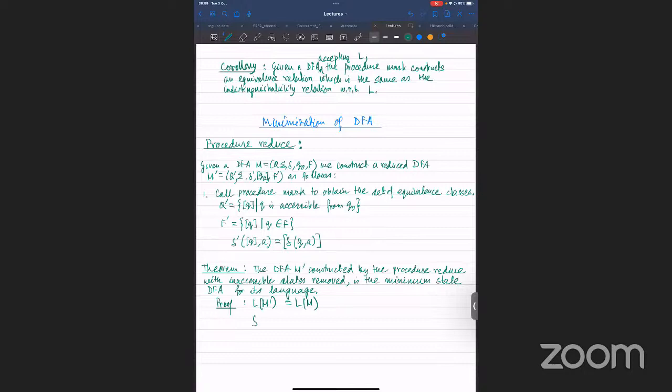Here, we saw something similar when we looked at the translation from NFA to DFA by subset construction. It's a very similar kind of approach. We always use this delta star function, so here it is delta prime star.